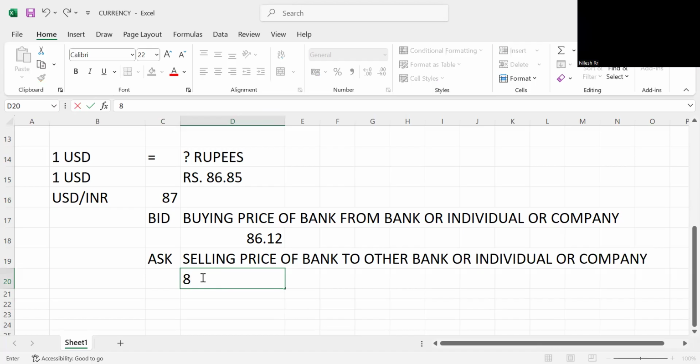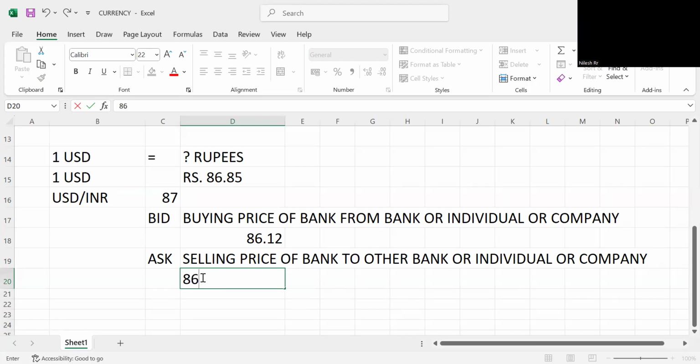So generally, when we buy anything from the market and we want to sell it, we are in trading. So obviously, we will try to work out that we earn some profit on that. When we put our product in the market to sell, we always see that we earn something.